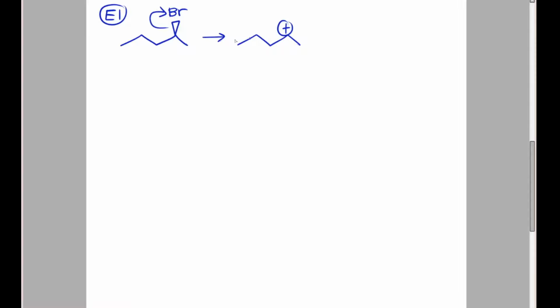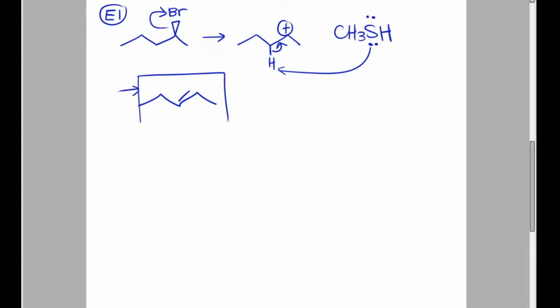Then remember that this hydrogen is adjacent to this carbocation, and this weak base, the sulfur, has these lone pairs. It's going to accept this hydrogen, and then the bond between the hydrogen and the carbon will break and push over here and form a double bond.